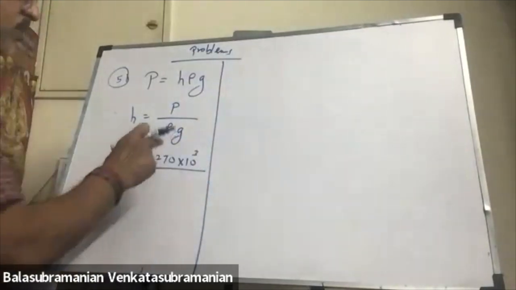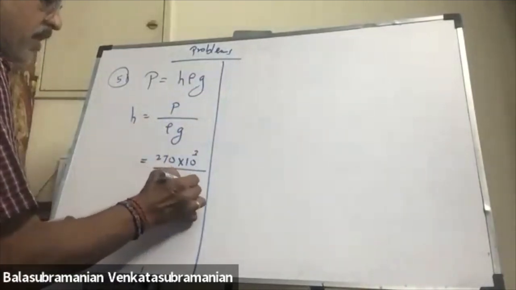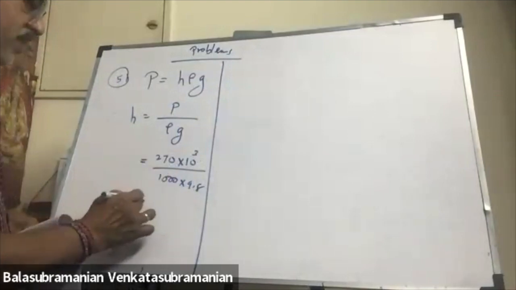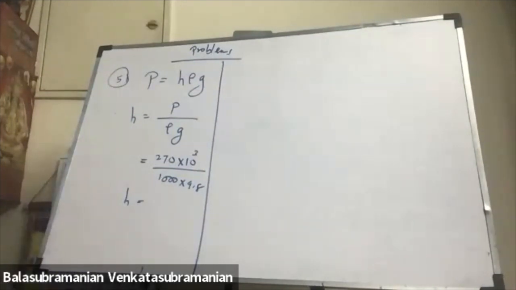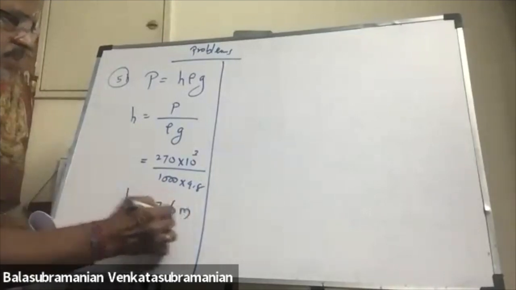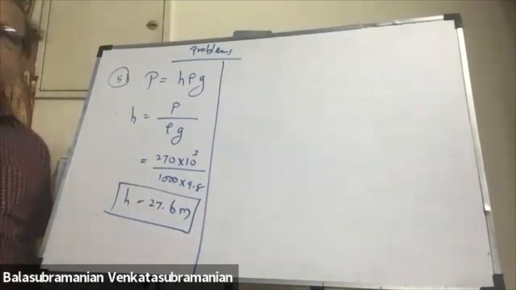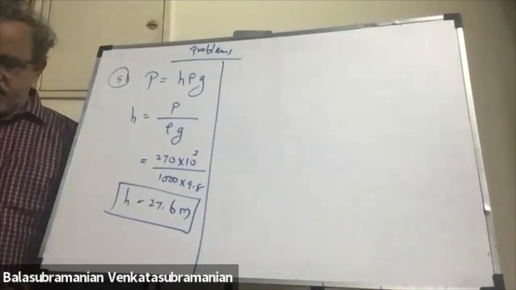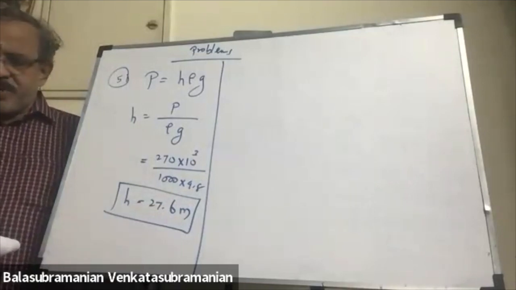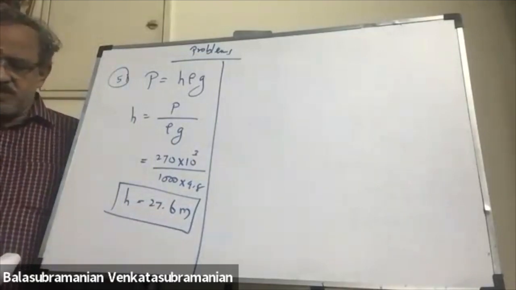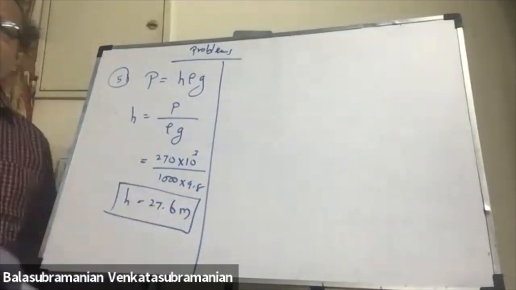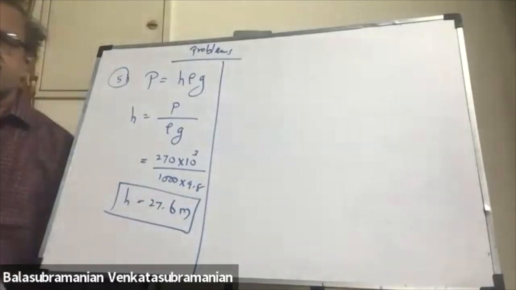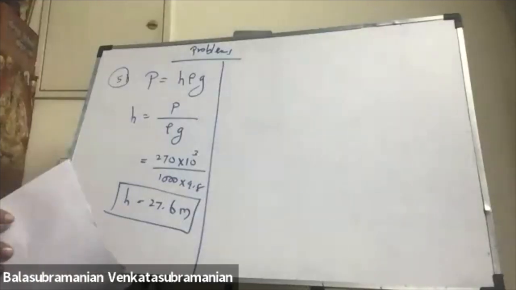This is water only, so density of water is 10 power 3 into 9.8. This 2 cancels, 270 by 10 approximately. So nearly 27 meters. Correct answer is 27.6 meters. So if 270 kilopascal pressure is exerted by the pressure gauge, the height to which the water rises in the building is nearly 27.6 meters. Okay. Sixth one.